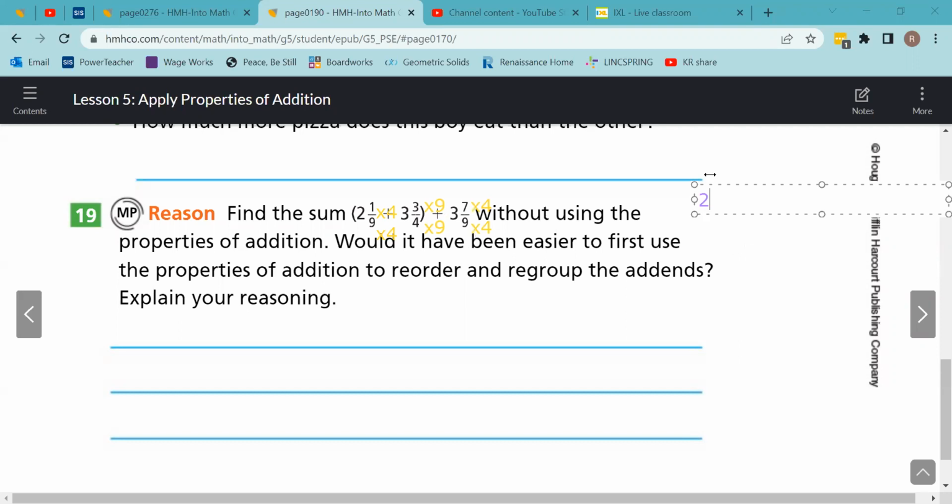So this is 2 and 4/36. I'm really trying to keep it neat for you guys. So give it a go. Plus 3 and 27/36.